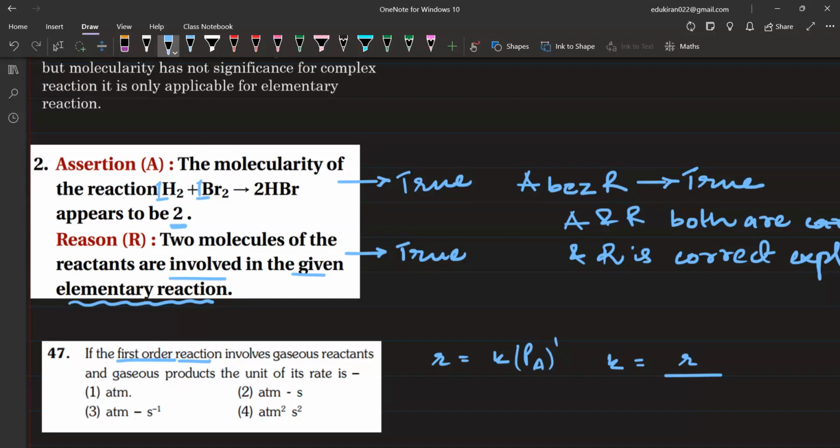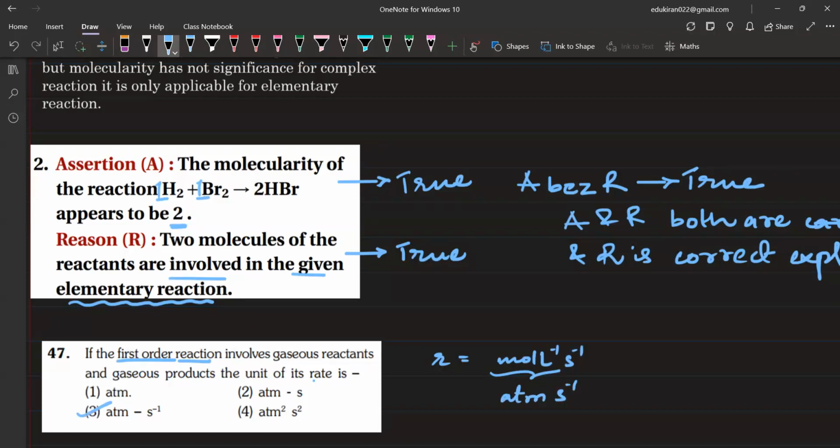Will it be second inverse? One second, just give me a second. First order reaction, pressure, atm per second, rate upon pressure of A. Okay, so what units will we write for the rate? The rate we will be writing as change in the pressure of A divided by time, rather than concentration. So it should be second inverse? Oh, the units of its rate, my bad guys. It is not the rate constant, it is rate. Okay, so the general unit of rate is moles per liter per second. Instead of moles per liter, we use atm when everything is in gas, so it will be atm per second.